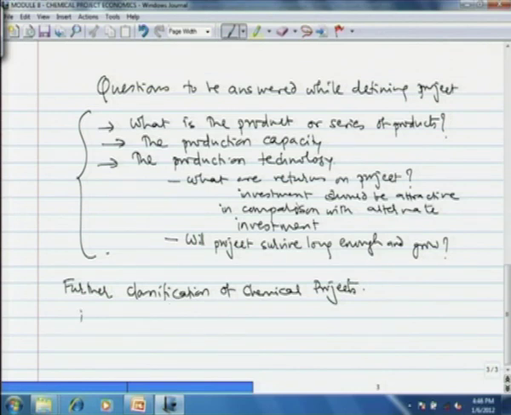Further classification of chemical projects. Criteria, first is the price and size of a product.